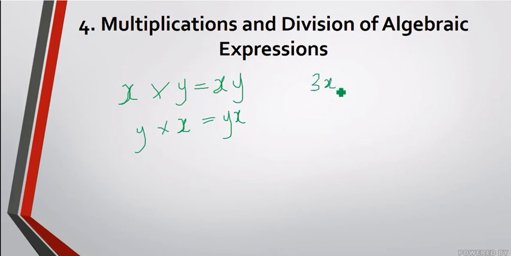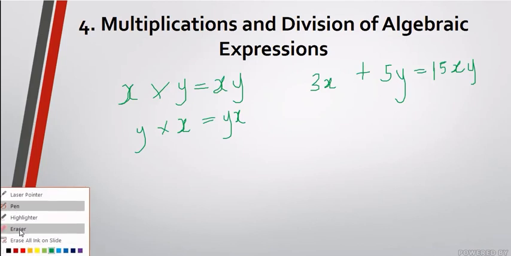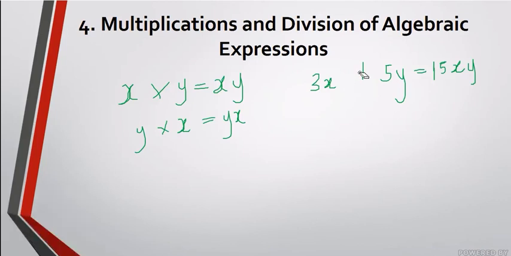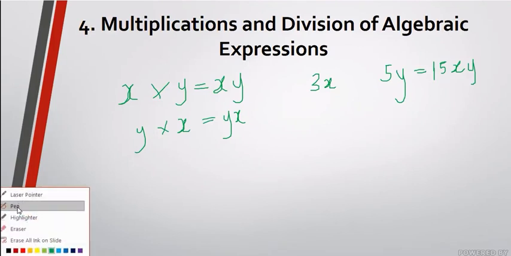Let's do another example. If I have 3x multiplied by 5y, some of you can immediately see that the answer to this expression is 15xy. But for those who were not able to see it immediately, let me explain. When we are multiplying real numbers and algebraic terms, what we need to do is separate our numbers from our terms so it can be easier for us. Let me demonstrate.